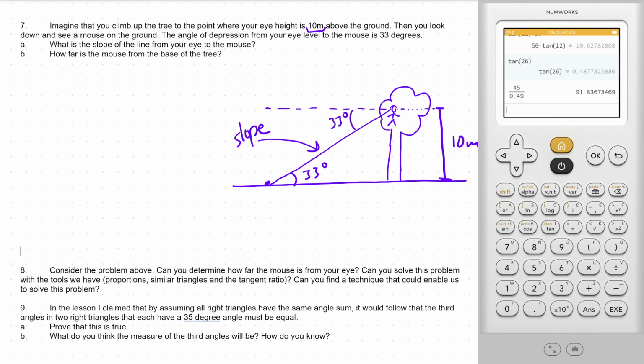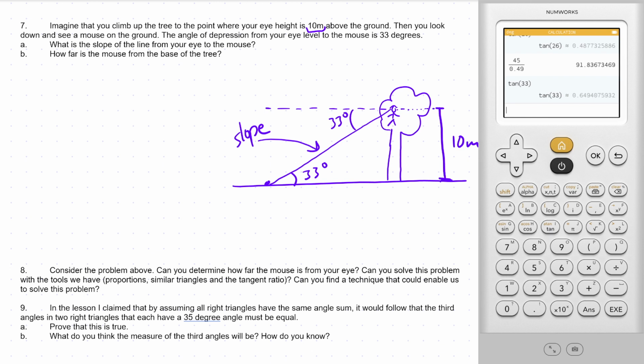Well, you know the angle of inclination, or the angle of elevation, is 33 degrees, and you also know that the slope is given by the tangent of the angle. So all we need to do is take the tangent of 33 degrees. That gives us the slope. You could also look it up in a table. Or you could draw a to-scale diagram and measure it.